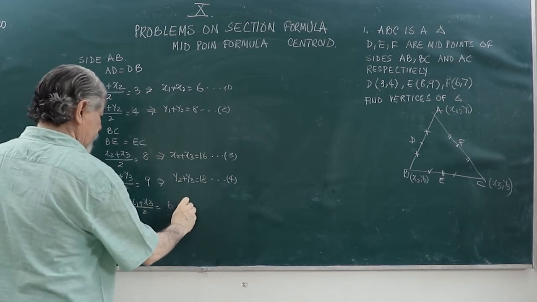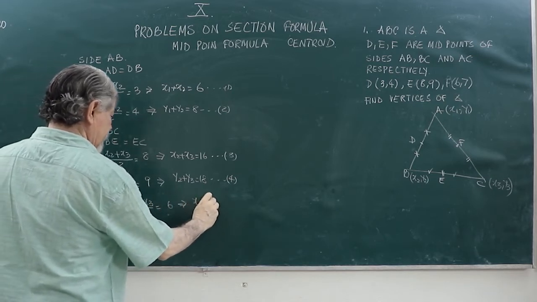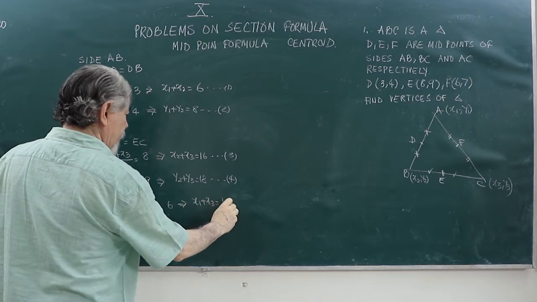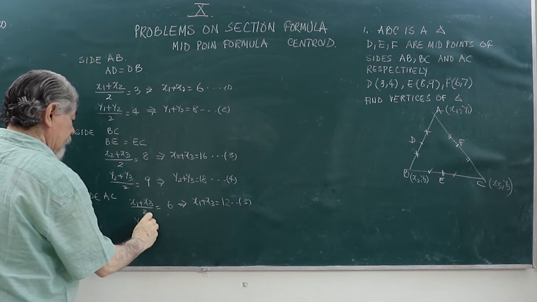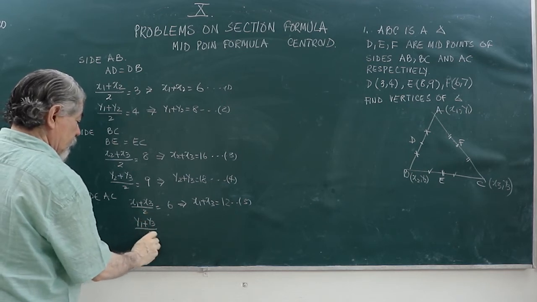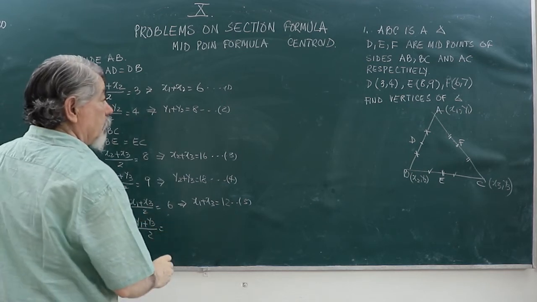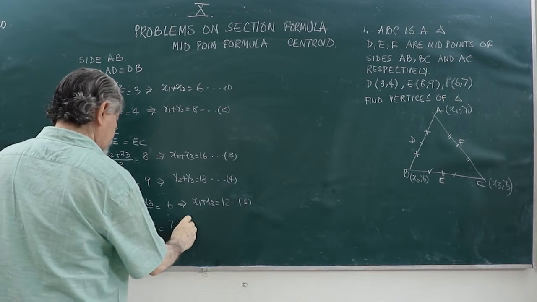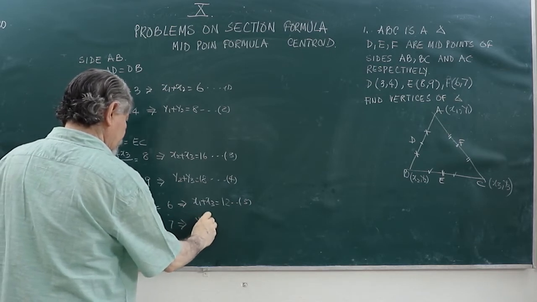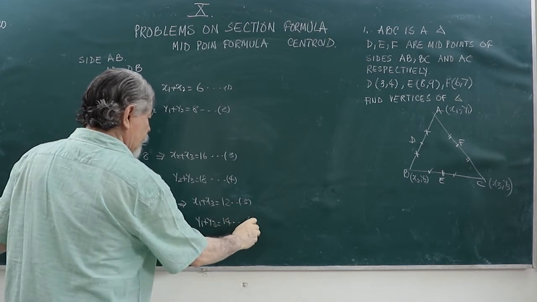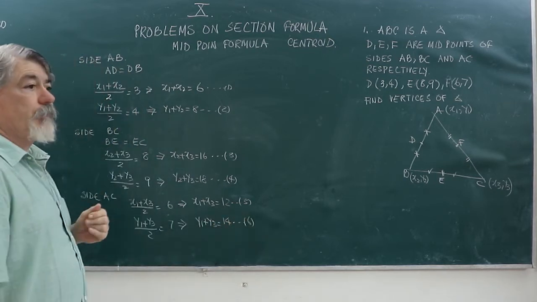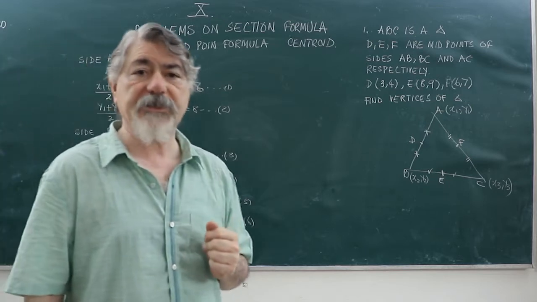That implies x1 plus x3 equals 12, equation 5. (y1 plus y3) upon 2 is equal to 7. That implies y1 plus y3 equals 14. Now these are the 6 equations which I have got in terms of x1, y1, x2, y2, x3, y3.